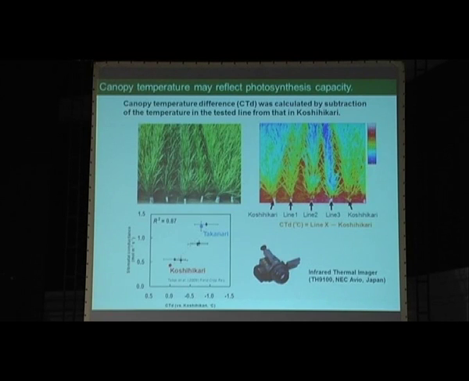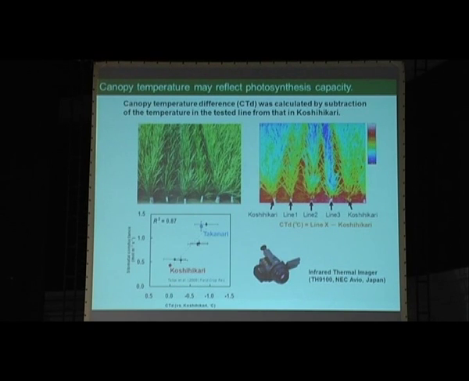Okay, the first story is about canopy temperature. The infrared thermometer has historically been used to monitor the response to drought stress in many crops. But the leaf temperature reflects the heat of evaporation taken by transpiration, which could become an index of the degree of stomatal conductance.